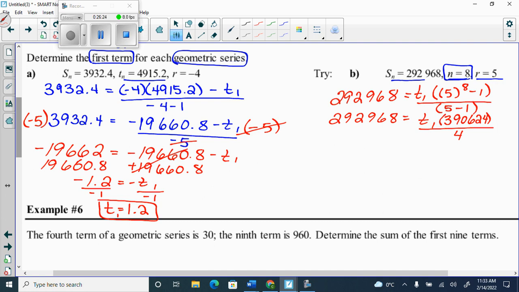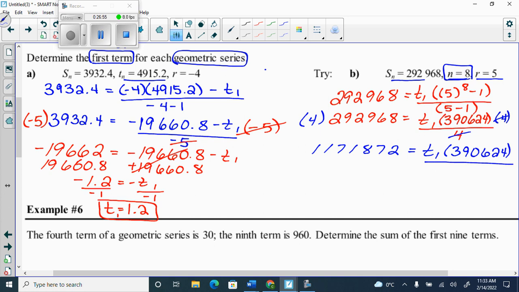So I need to get rid of the 4 first. How do I get rid of a division of 4? Times by 4. Now I have 292,968 times 4. Then how do I get T1 by itself? Divide by that big number, 390,000.